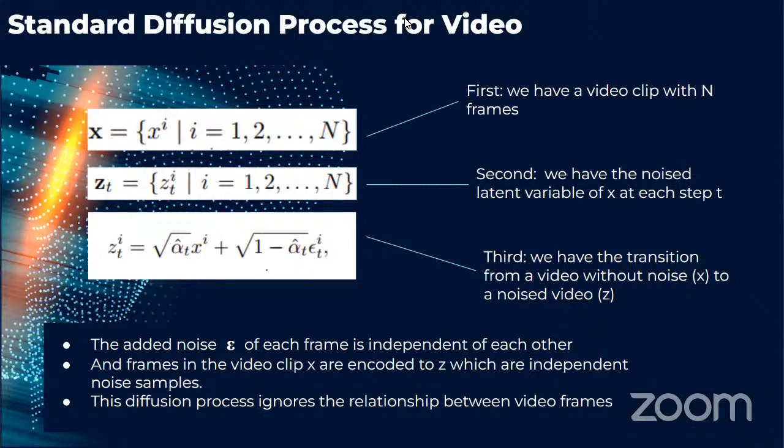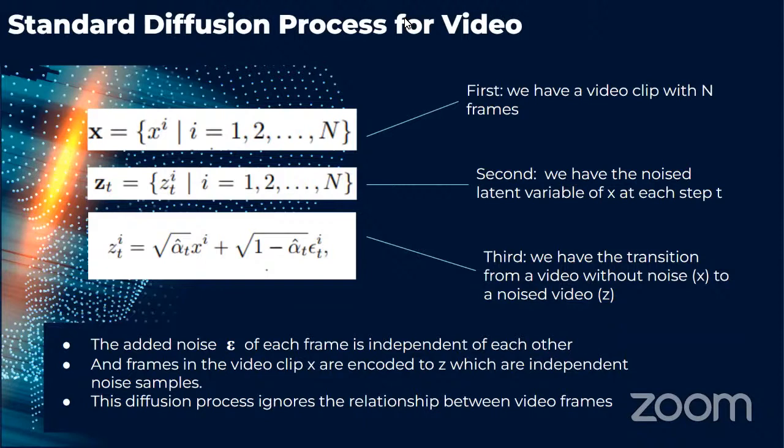As we see, it is just the multiplication of x_i, which represents the current frame of the video, with a scalar, and then adding this value to epsilon, which represents our noise, sampled from a Gaussian distribution, which is easy to predict.